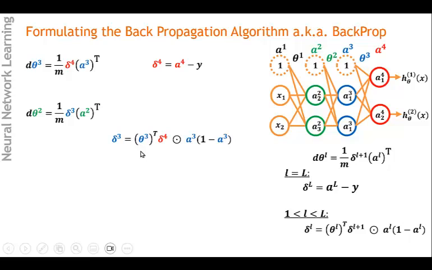So how do I get delta 3? Delta 3 is going to be this formula here. It's going to be theta 3 transpose times delta 4, which you get up here. And then there's this funny thing here. And this A3 is the output of this layer here. So let's see.